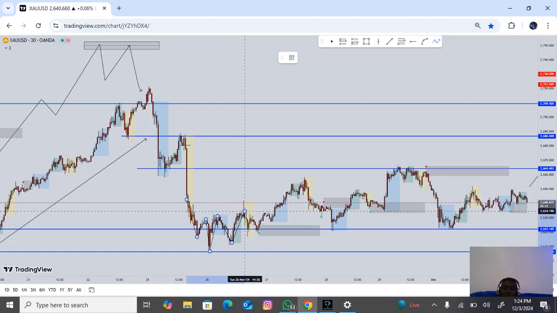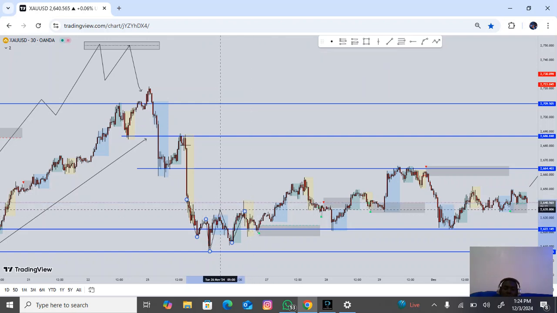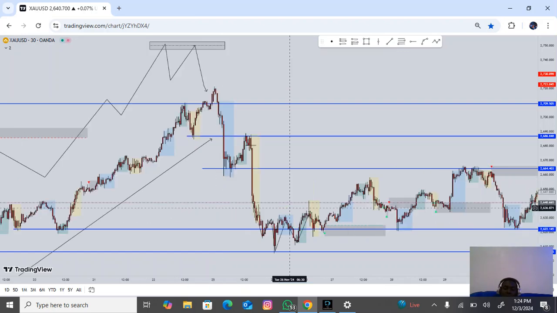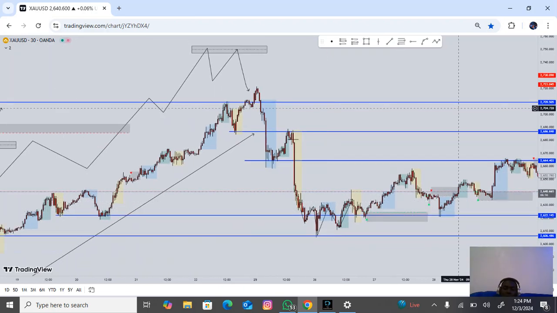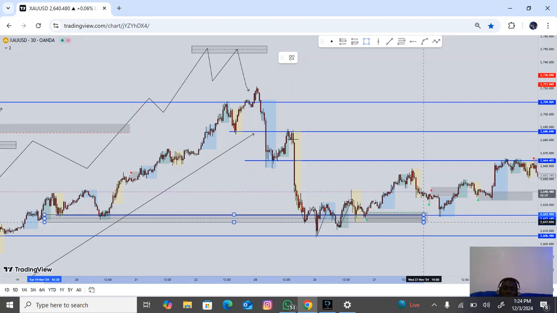All right. So this is a trading opportunity, and as you can see, it happens at a resistance support area, which is right here. This is a support zone. Price came to it and gave that pattern.